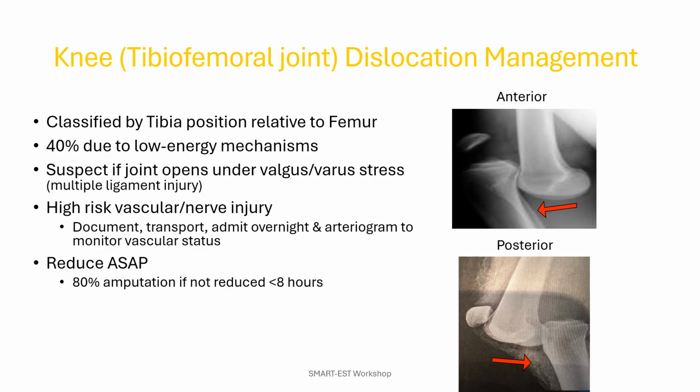These injuries have a very high risk for vascular and nerve injury, and thus it is critical that you document the injury after you have reduced it on site, transport that patient to an emergency care facility where they need to be admitted overnight, and monitor their vascular status with an arteriogram.